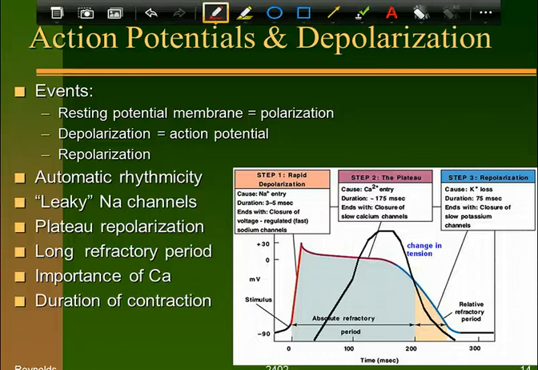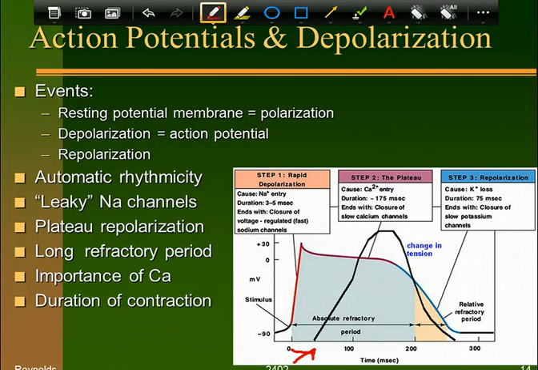That's the time period during which if you try to re-stimulate the muscle, it won't contract because it's in this refractory period, which is the time when it cannot be re-stimulated. It's very long for cardiac muscle. That means that cardiac muscle cannot go into tetany like skeletal muscle can. You don't want cardiac muscle to go into tetany.